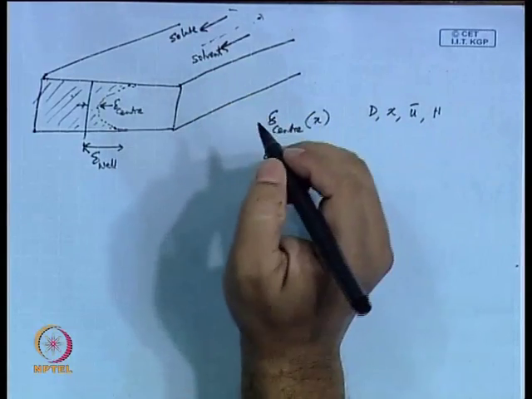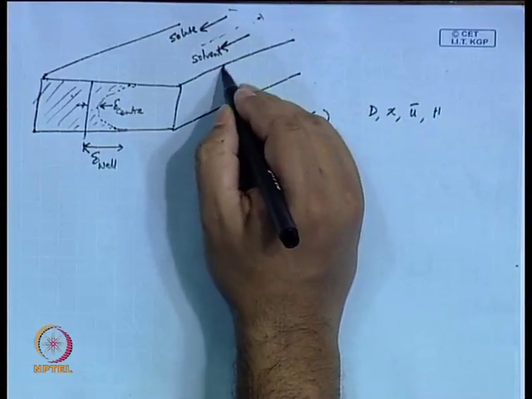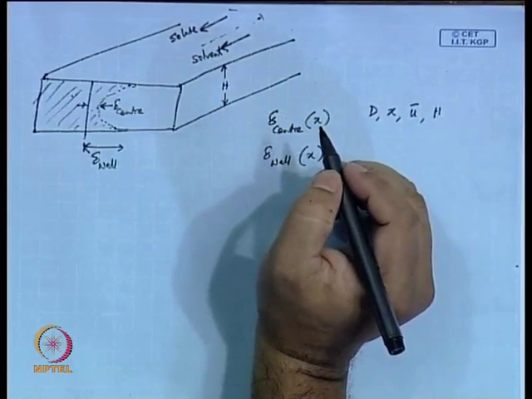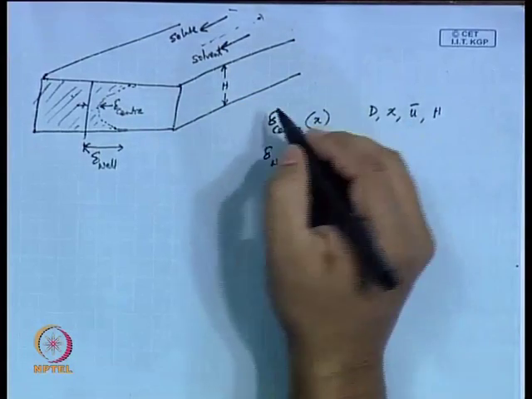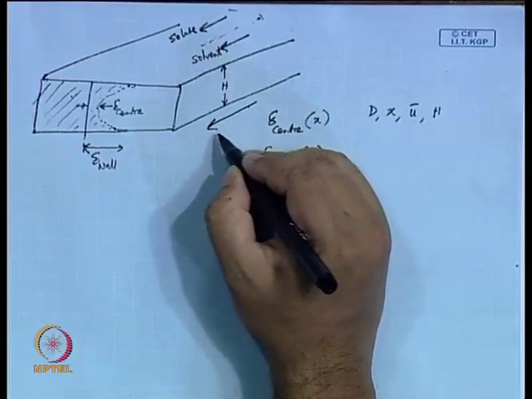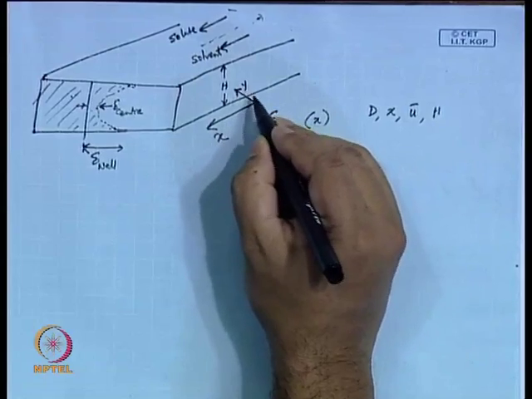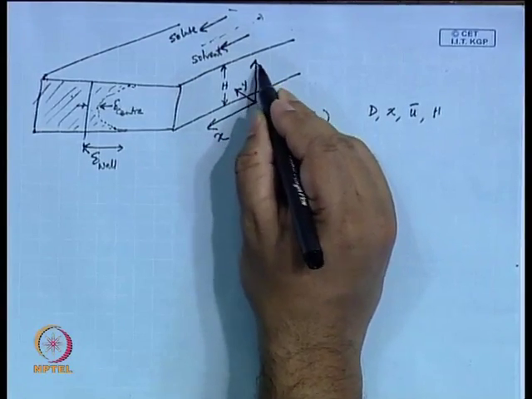What is h now? H is this height, and x is this direction, y is this direction, z is this direction.